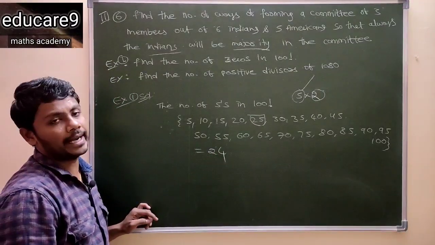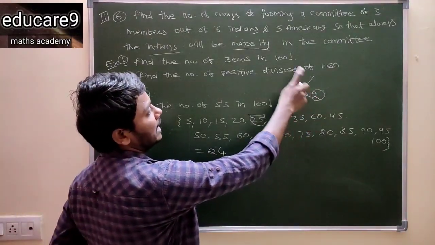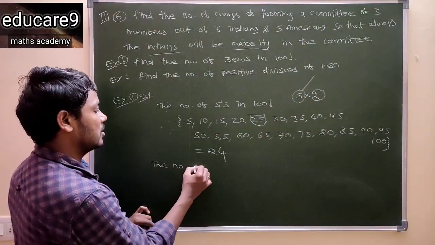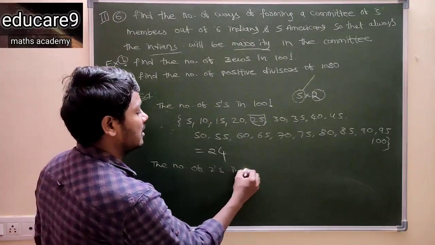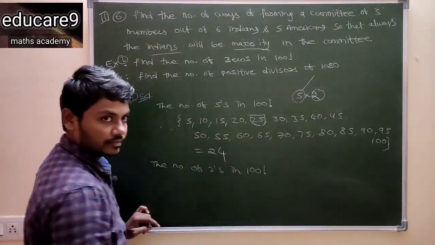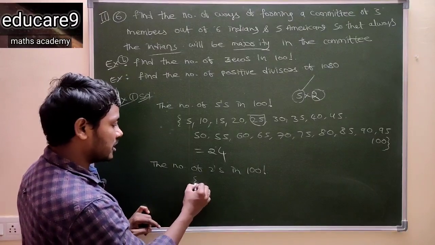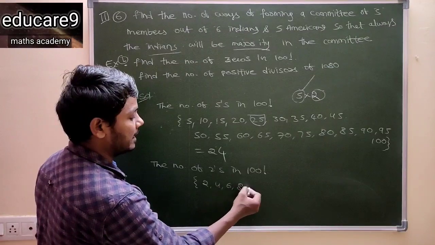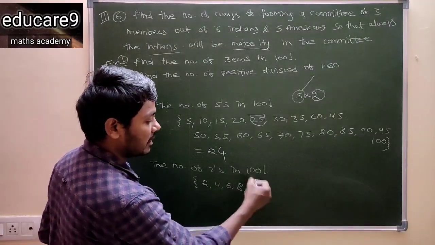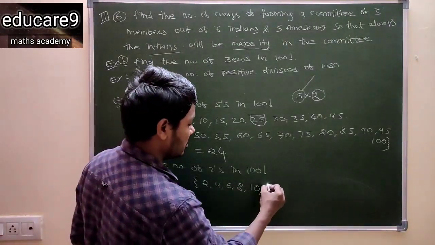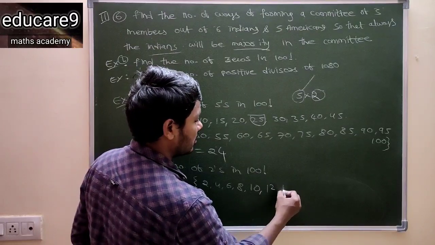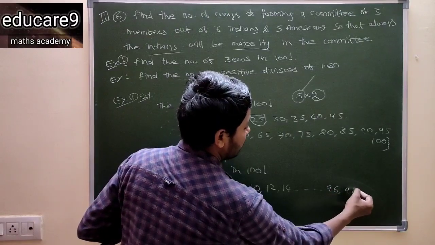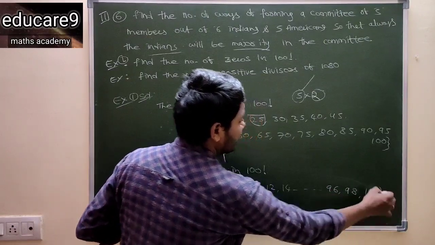Next, you need to find the number of 2's in 100 factorial. See here, what are the possibilities? 2, 4, 6, 8, next 10, next 12, 14, and so on, 96, 98, 100.